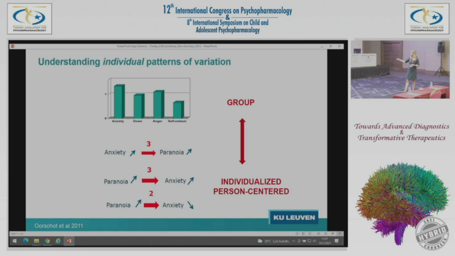For some people, an increase in paranoia actually decreased their level of anxiety. For some people, there was no association at all. For some people, there was no variability in one of these items so that you couldn't actually look at an association. So whereas at the group level, the association is very clear, on the individual level, it's very different for every individual.